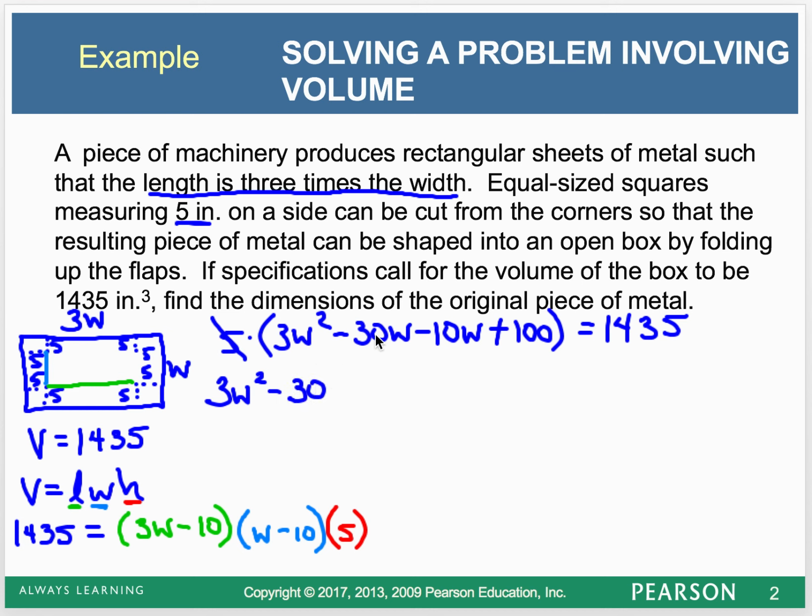Let's go ahead and combine these as we're going. That's going to be minus 40w plus 100 equals, now I have to divide this by 5. So 5 goes into 14, so 243, 287.